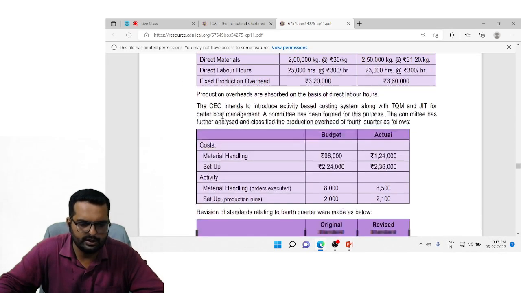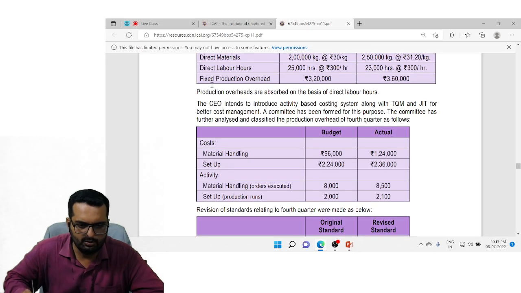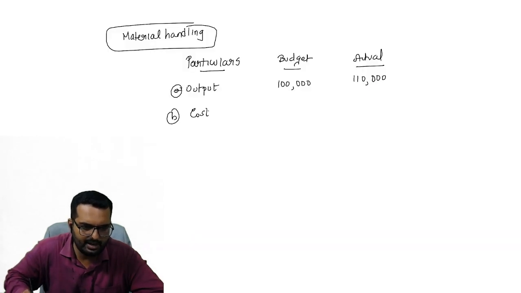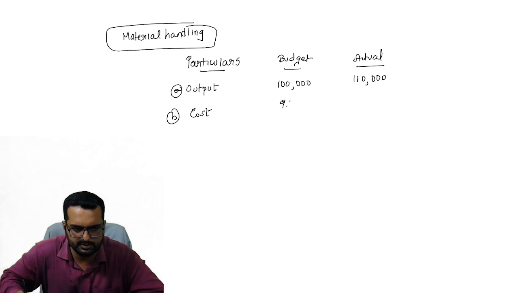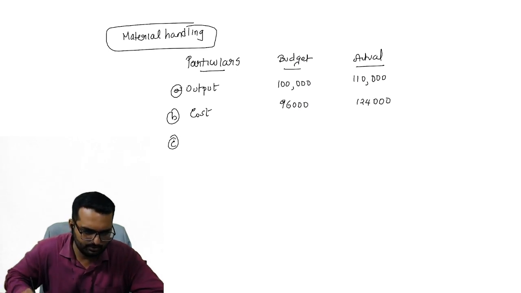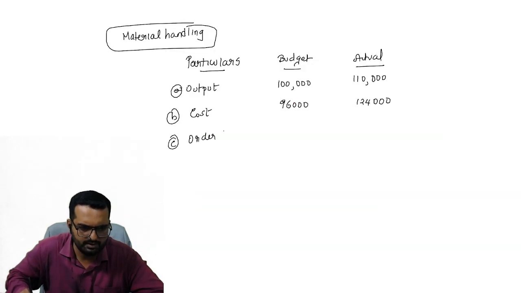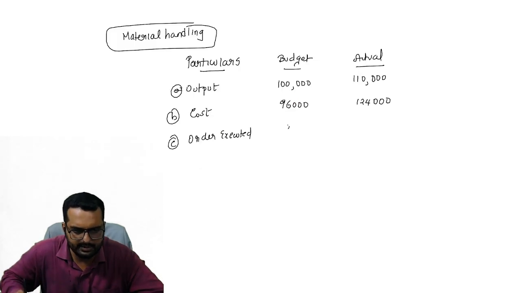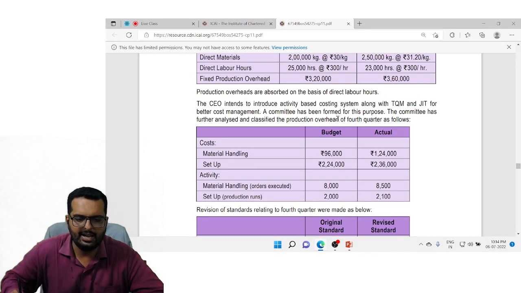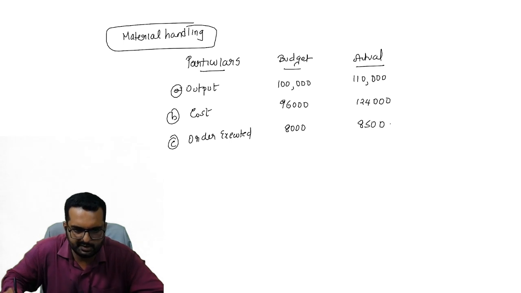Okay, so now we are talking about material handling, right? So the cost of material handling is given over here as 96,000, 1,24,000. What is the cost driver that is told over here? Orders executed. So that turns out to be 8,000 orders and the other one is 8,500.